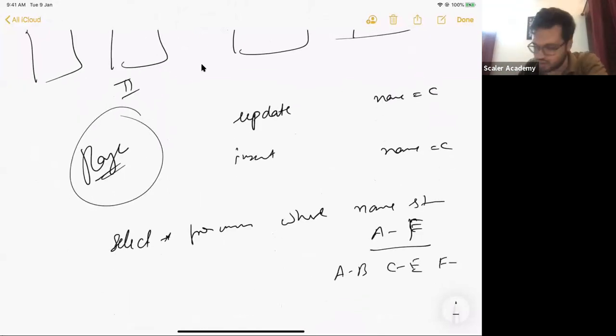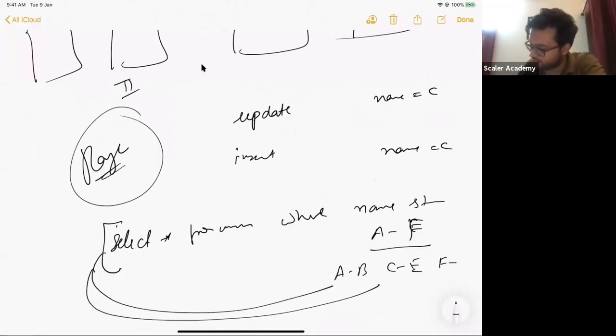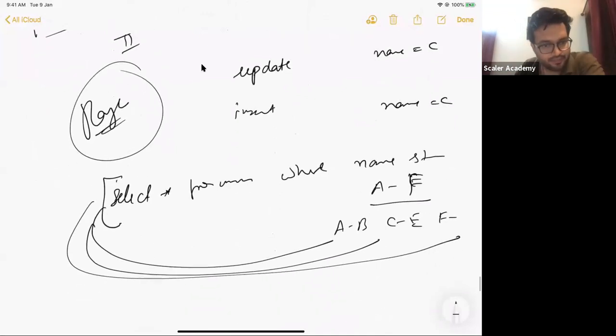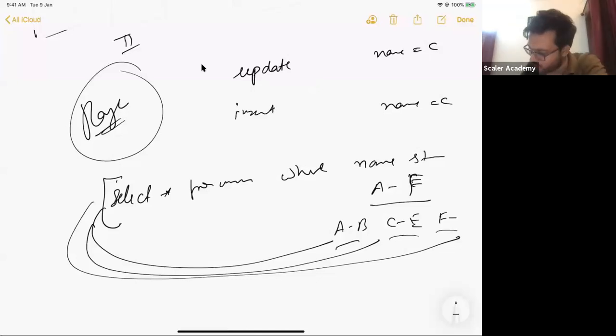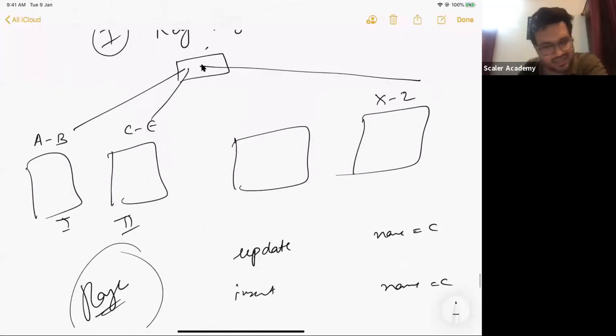So now you can just take this one query and make it into 3 queries. We'll figure out select all from users where users belong to A to B, where users belong to C to E, where users belong to F to something else. So you're going to run this query on the first instance, on the second instance, and on the third instance. Does that make sense to everybody? Right.